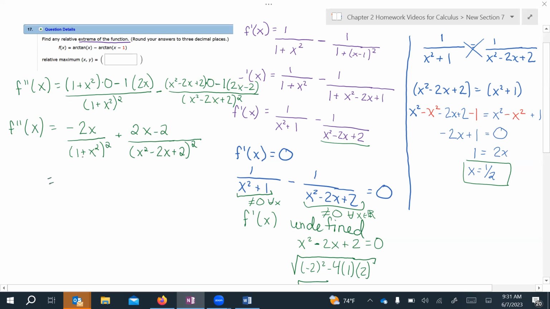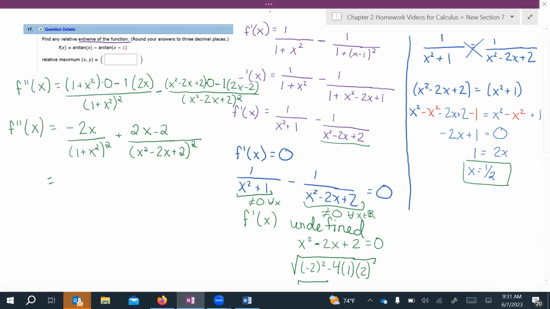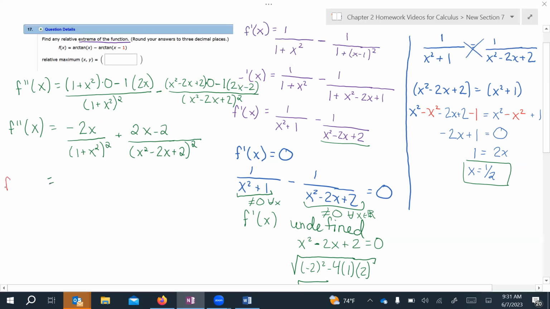So we see that, but let's go ahead and look at this numerator. If I consider f double prime of 1/2, well, this numerator is going to be negative for 1/2, and this denominator is going to be positive. And then we're dealing with 1/2 times 2, which is 1 minus 2.